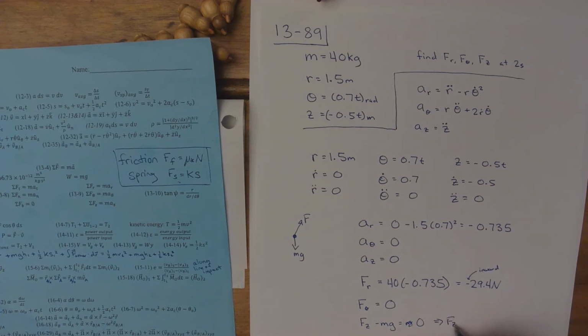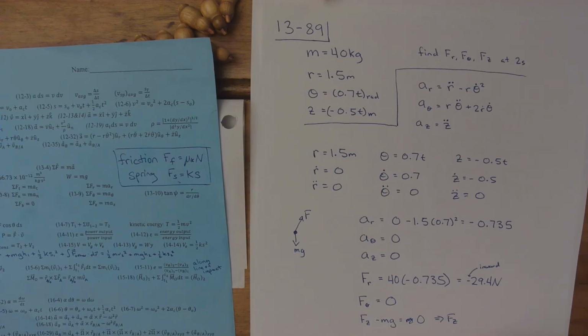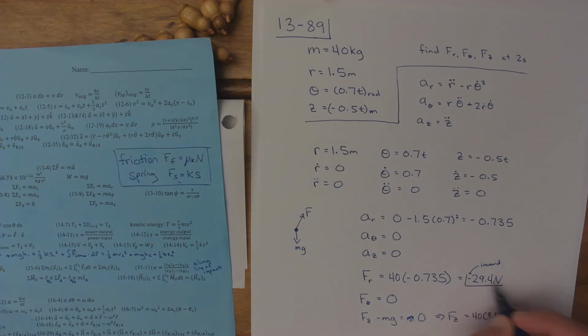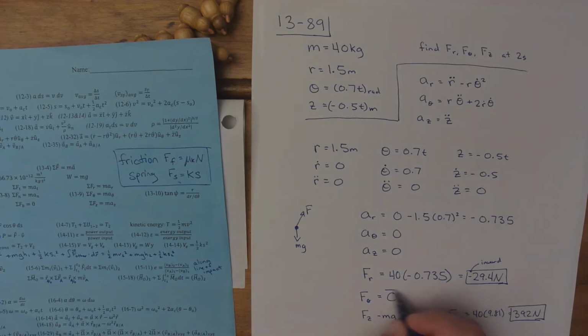That means the z component of the force is equal to the mass of the boy times g, which is 392 newtons. So that gives us our answers. I guess this is an answer also.